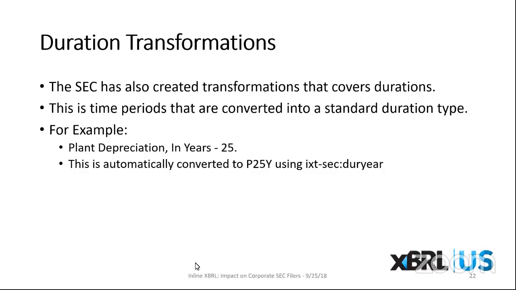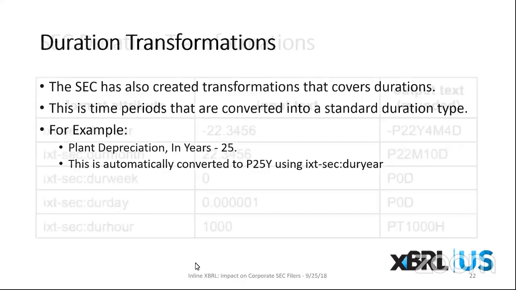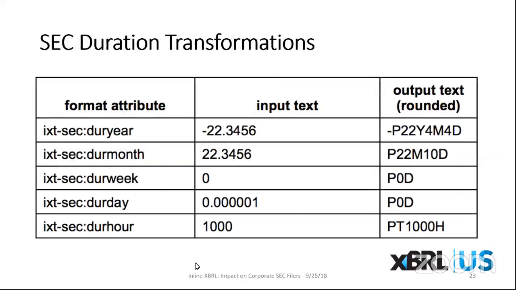These are slightly different because you don't actually have the word years to base this off of. All you have is the number 25. This might be in an inline representation like we have in this example, or it might be in a table that shows just 25 with the column heading number of years. But in any case, you can use transformations to represent these as actual durations. And if you go on to the next slide, we have some examples of what these might look like.